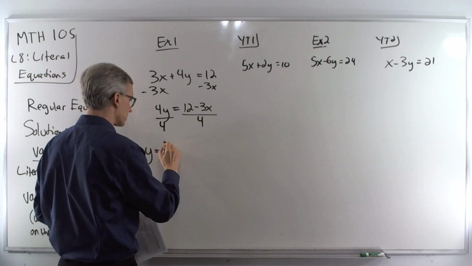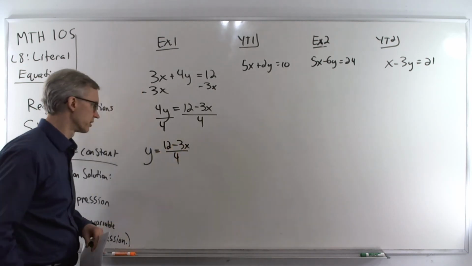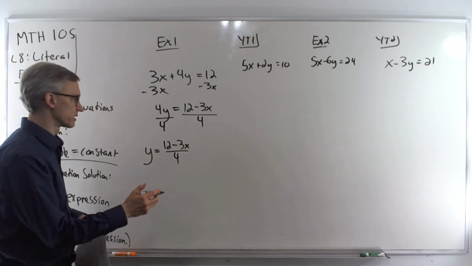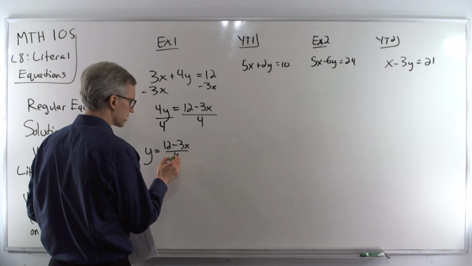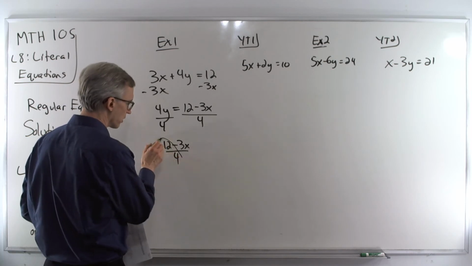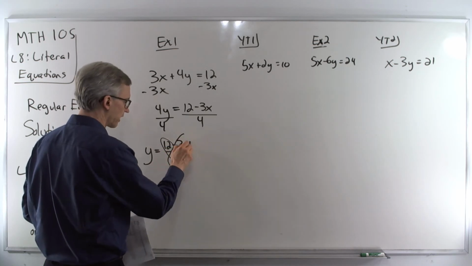And now we've got this fraction, and fractions like this can be split up into two different fractions and then simplified. So both of these terms are being divided by 4. We're going to have one fraction here and one fraction here.